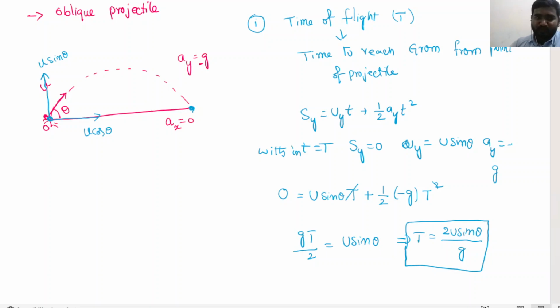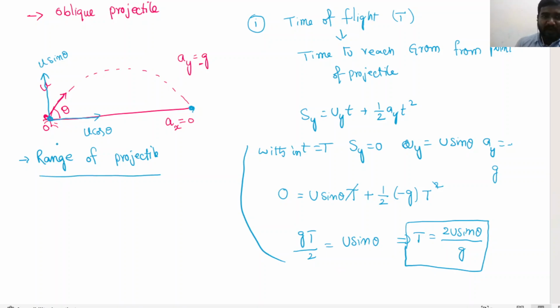See, next, range of projectile. So you can write over here range of projectile. Range of projectile is nothing but the horizontal distance traveled by the projectile in the time of flight.